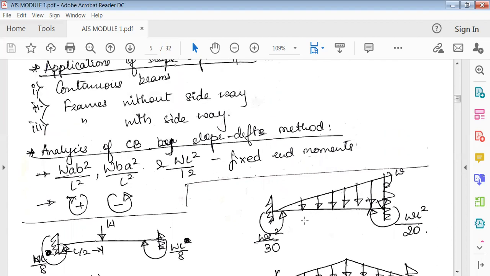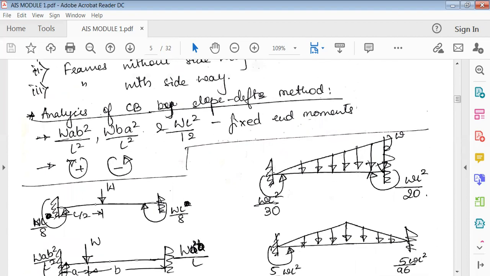The first case is a load with 0 at the left end and maximum w at the right end. Again it is fixed on both sides.